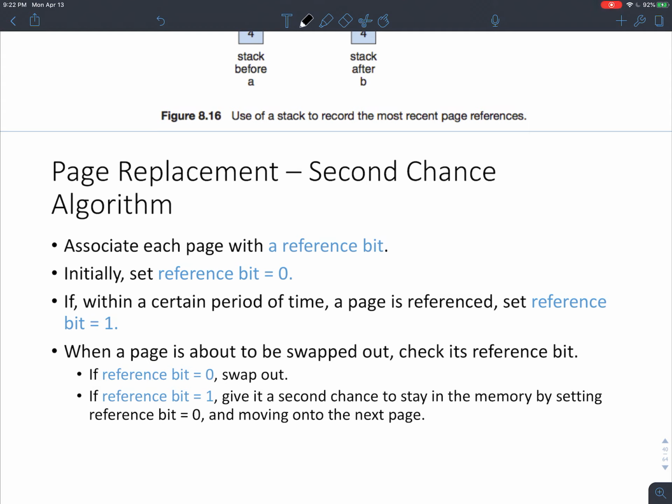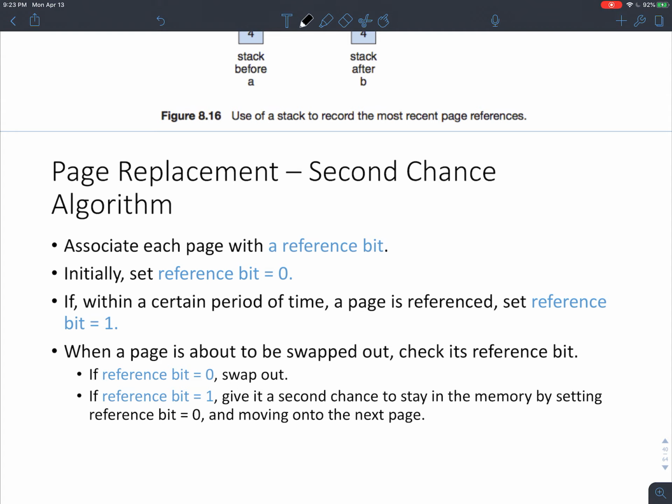Sorry, there is one more page replacement algorithm that you need to be familiar with, and highly likely it will also show up in your final exam. It is called the second chance algorithm.